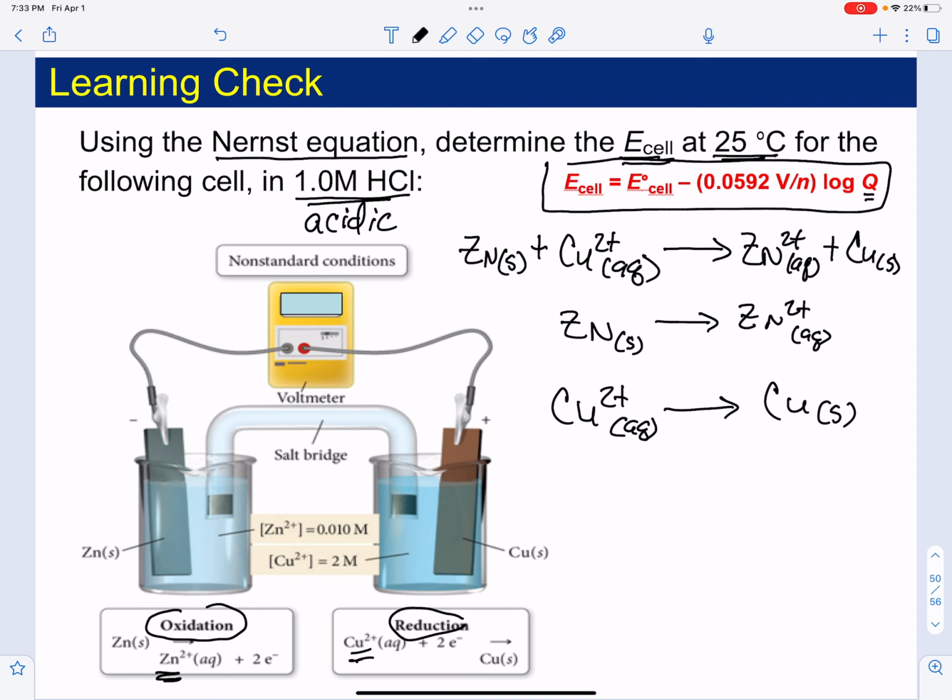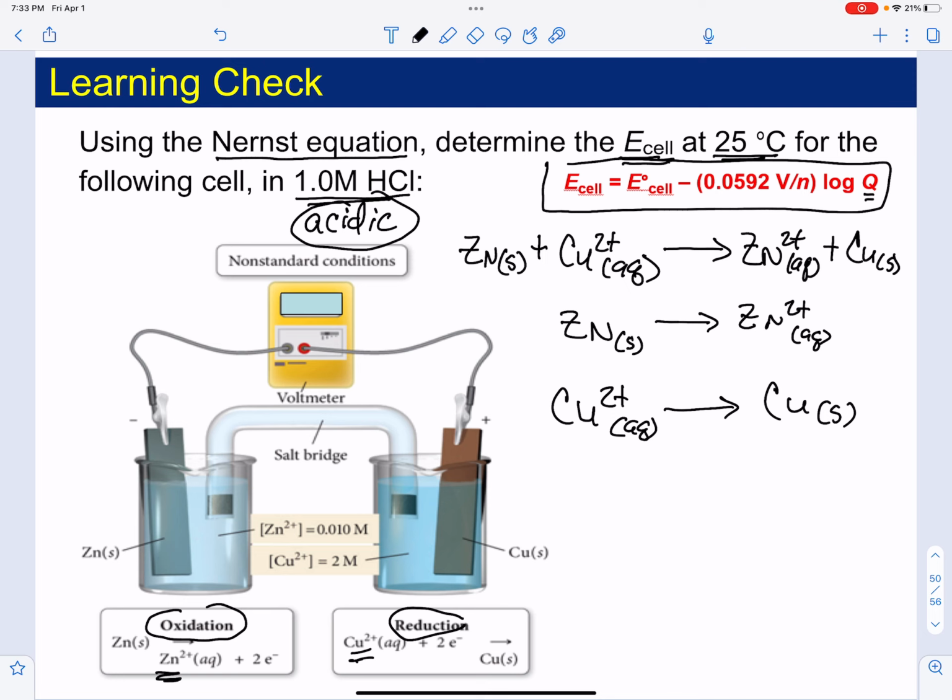The first thing I do is check the atoms. 1 zinc, 1 zinc, so that's balanced so far. 1 copper, 1 copper, balanced so far. Do I have any oxygens in there? Remember, I'm going for acidic balance, so I'd see if I need to add water and then add H plus to balance. But there are no oxygens, so even though it's acidic, I don't have to do any of that.